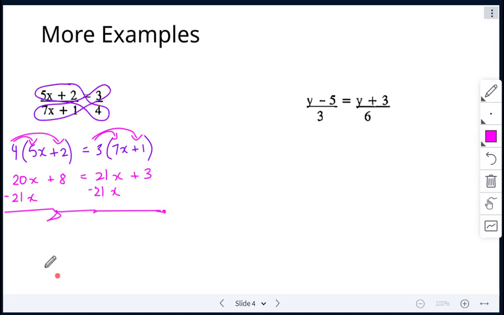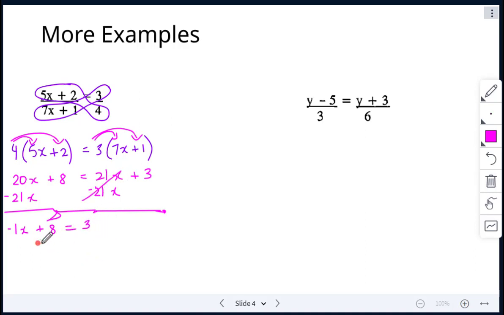Okay, sorry, something's just wrong with my pen there. So we end up here with negative, 1 second. All right, so 20x minus 21x, that's negative x or negative 1x. Then we have the plus 8, and it's equal to 3.